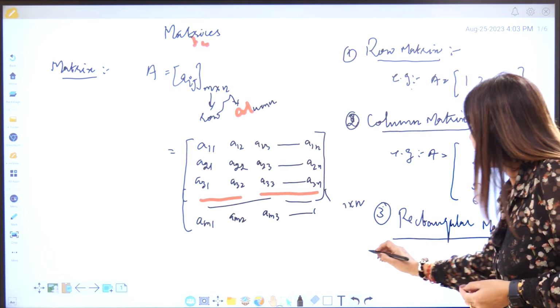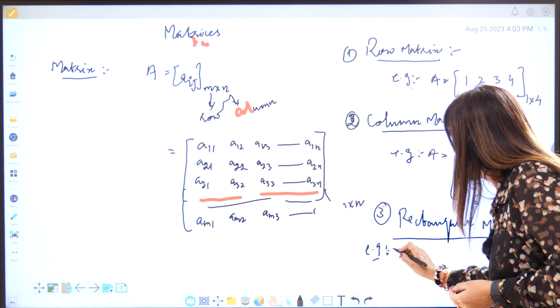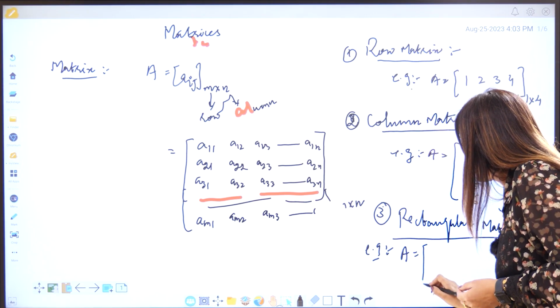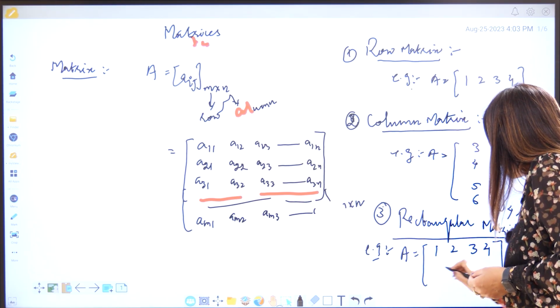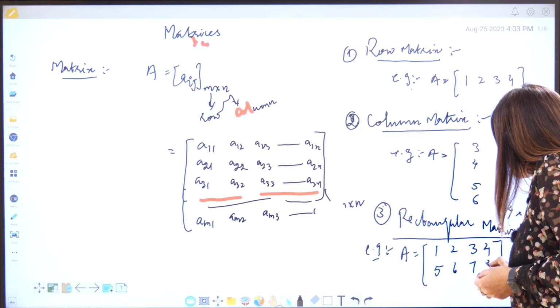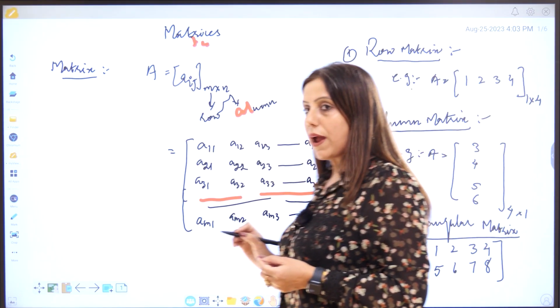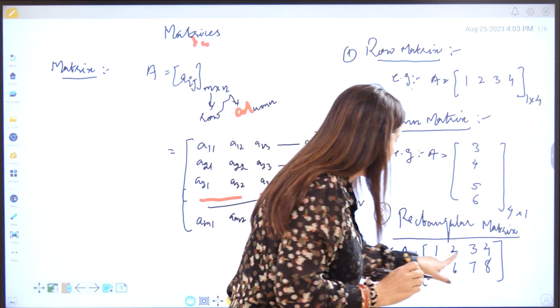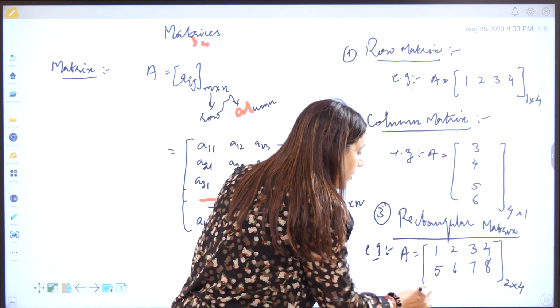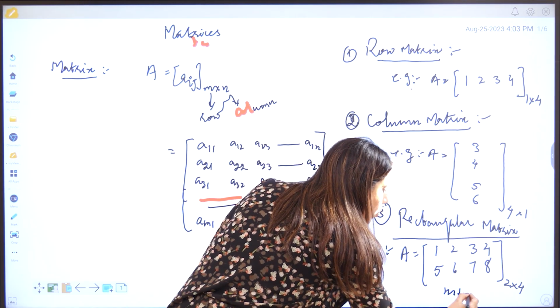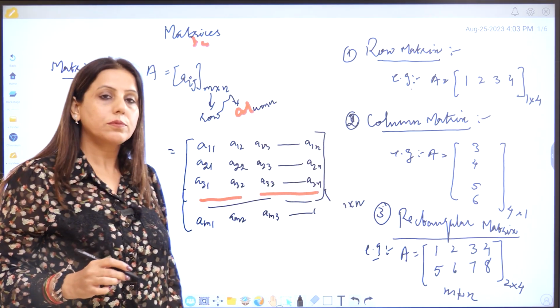For example, if I denote the matrix 1, 2, 3, 4, 5, 6, 7, 8, it is a rectangular matrix with only 2 rows and 4 columns. I can write it m is not equal to n.